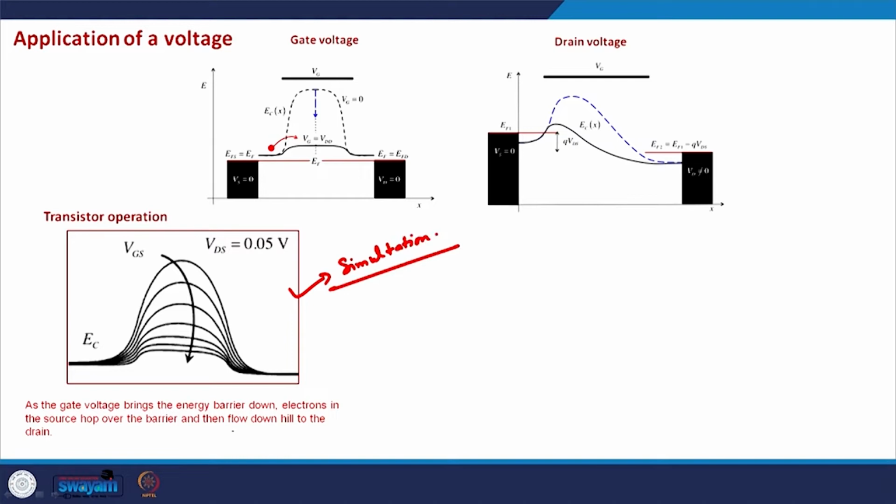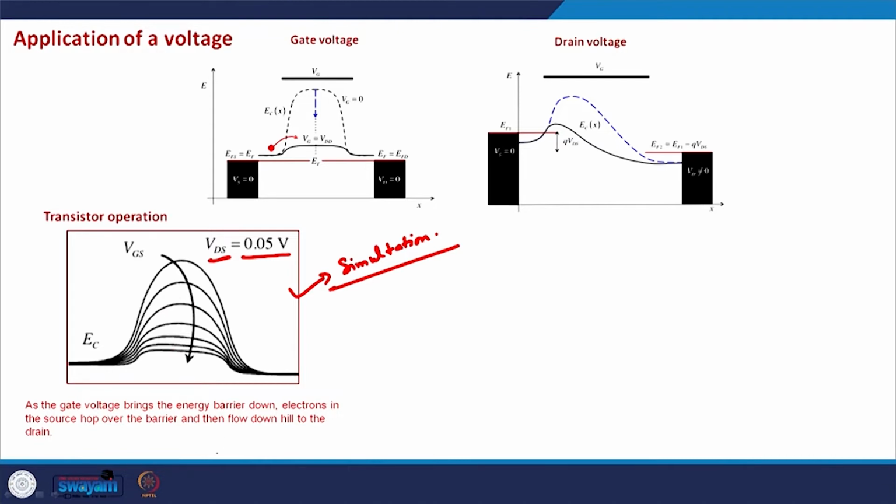Here the VDS voltage, the voltage difference between the source and the drain terminal, is assumed to be 0.05 volts, and for various gate voltages the barrier in the device is shown. As you can see, by changing the gate voltage we can actually change the barrier height.